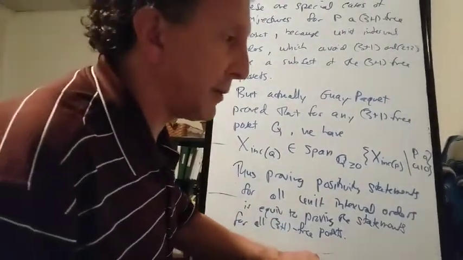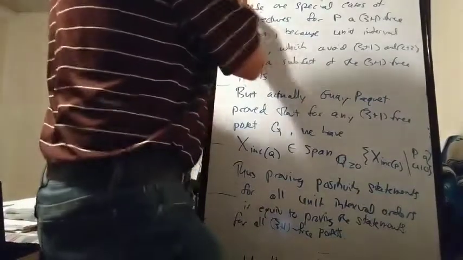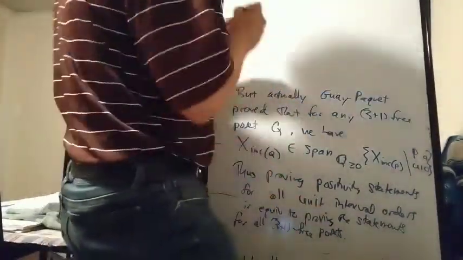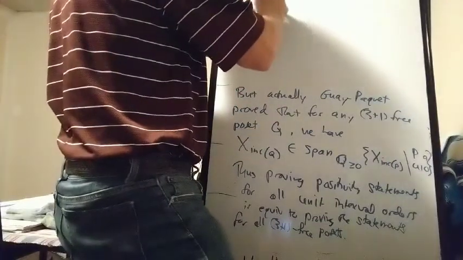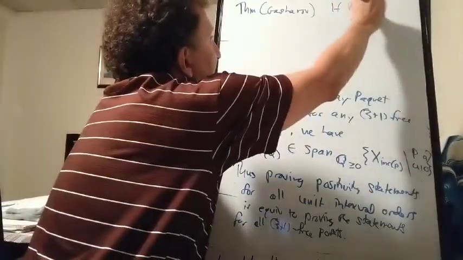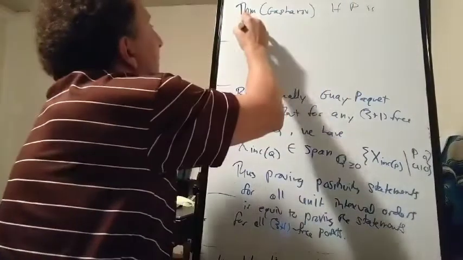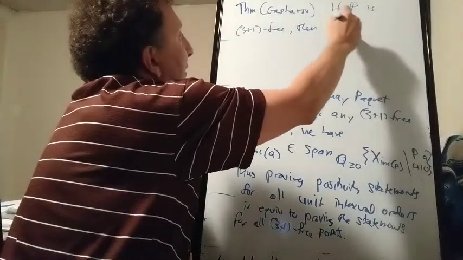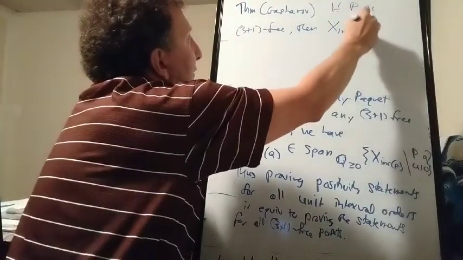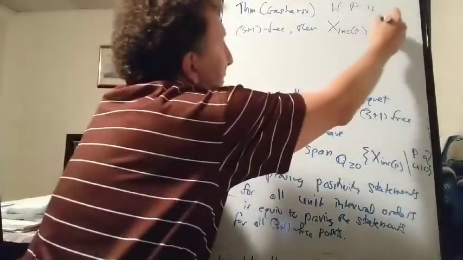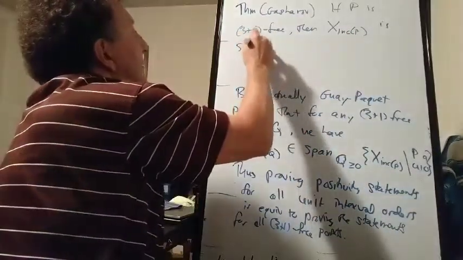Now Gasharov came up with the first result in this direction. That is, if P is 3+1 free, then the chromatic symmetric function for the incomparability graph of P is Schur positive.